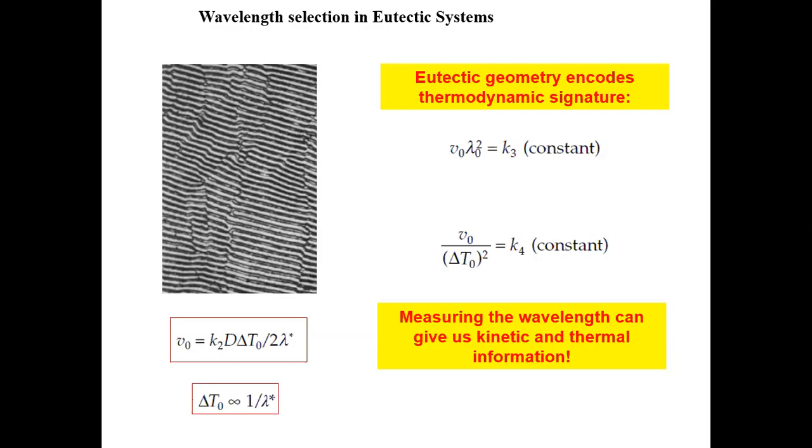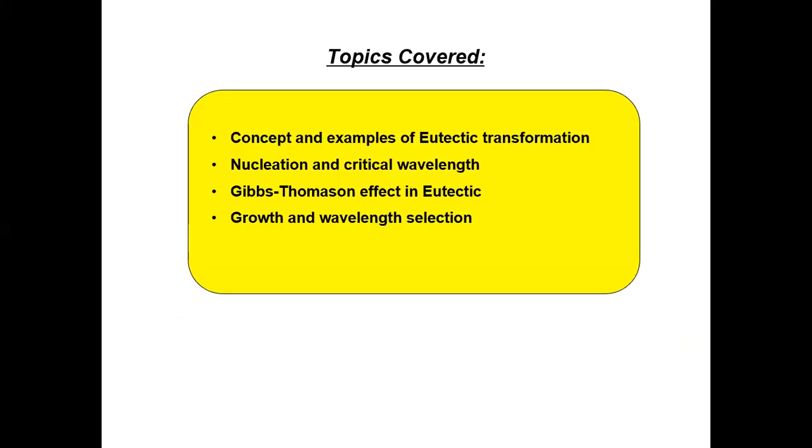Okay, so with that, I just want to summarize the eutectic transformation. Here we revisited the concept and examples of eutectic transformation. We talked about the concept of nucleation, in particular the importance of the critical wavelength, and made a comparison, especially to the very simple spherical nucleus case.